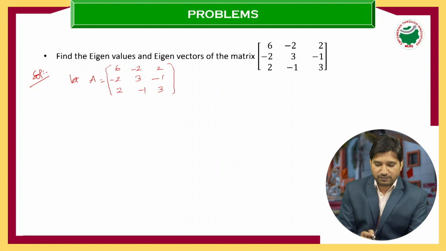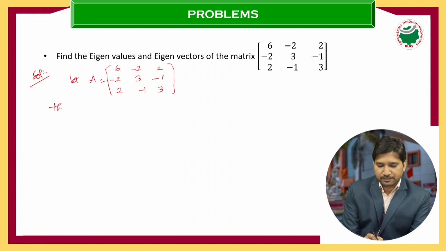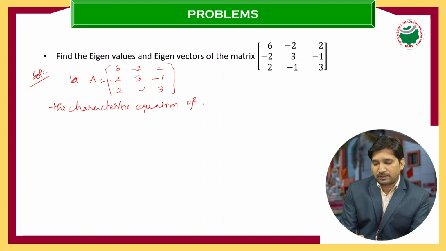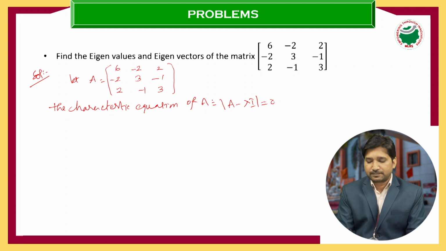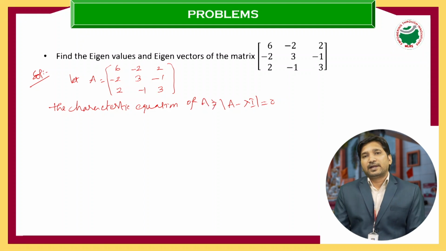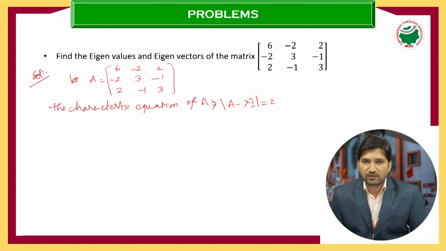The characteristic equation of the matrix A is det of (A minus lambda I) equal to 0.